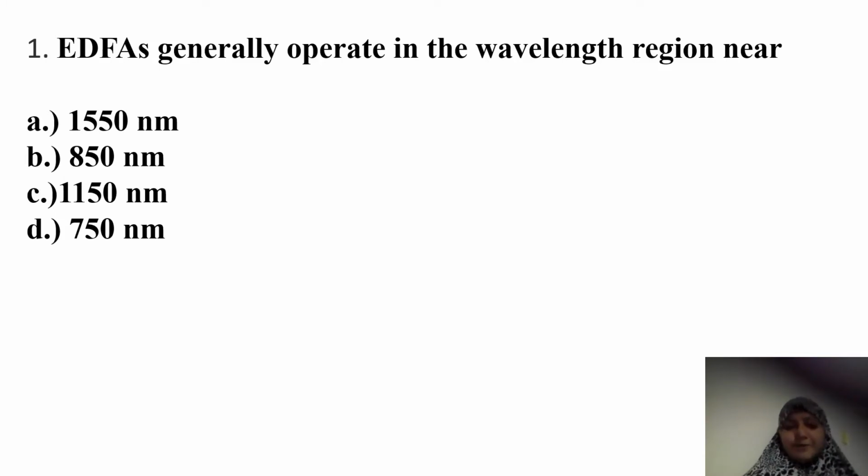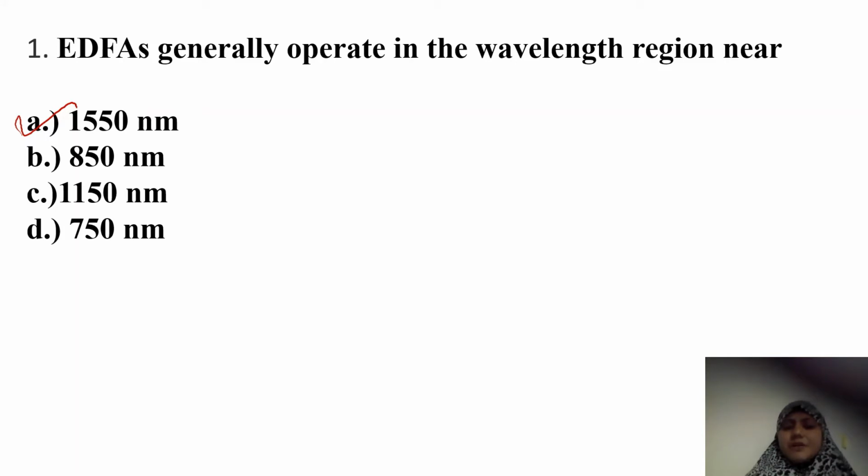Erbium doped fiber amplifiers are generally operated in the wavelength range near, which we have done in our previous slide. What is the wavelength range in which this fiber amplifier is operated? This is 1550 nanometers. Okay, this is the wavelength range in which my fiber is operated.